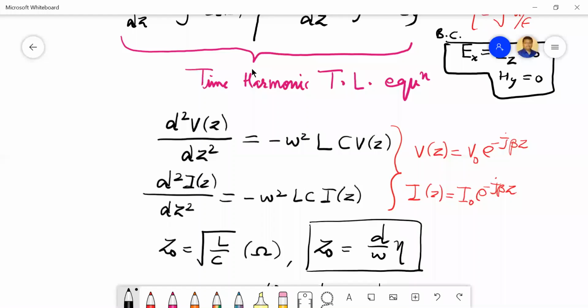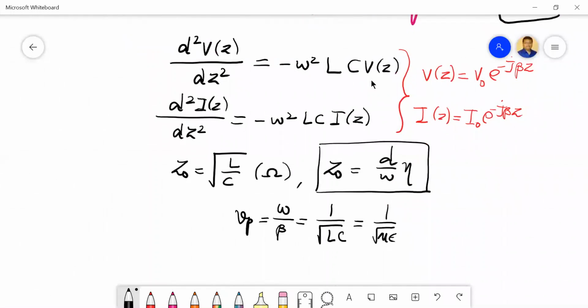This is a similar kind of wave equation if you compare with the electromagnetic theory. So this is a kind of wave equation, and particularly we selected the solution in exponential form because we are dealing with propagation.